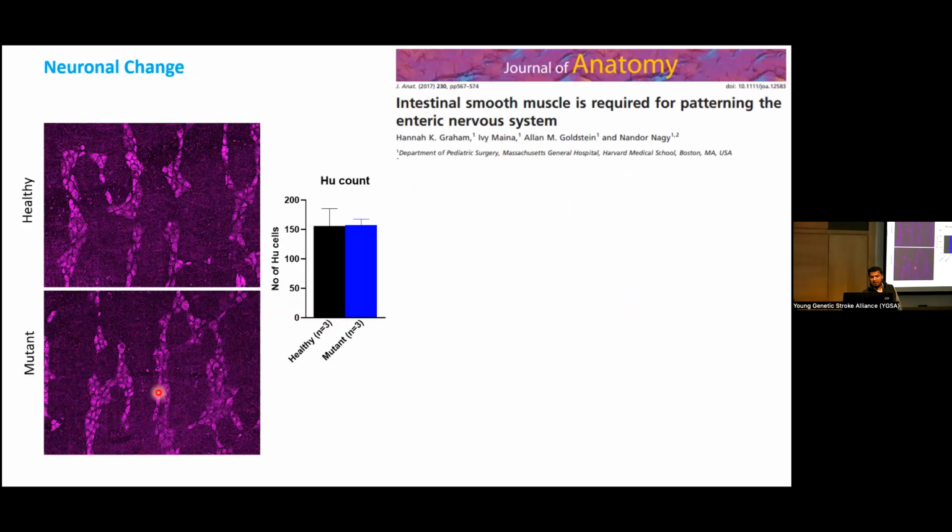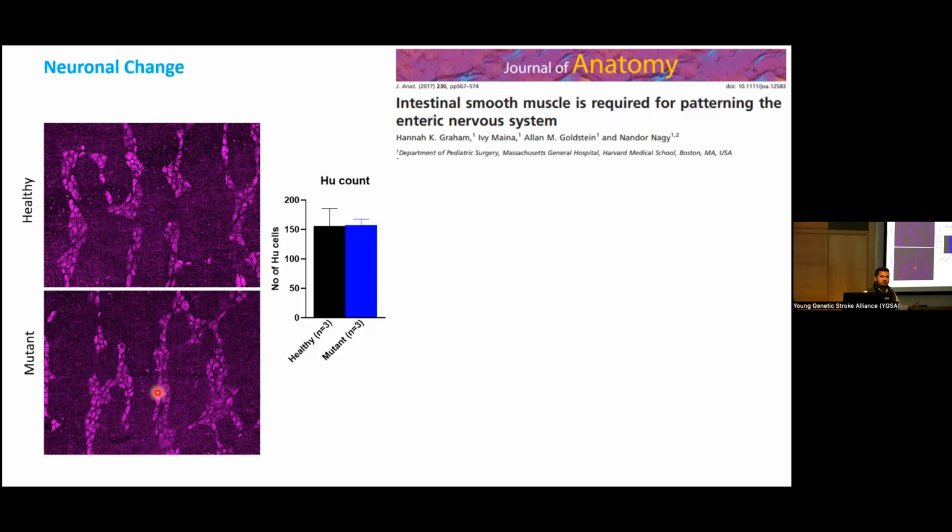Then we know from our lab, we published a paper a few years back, showing that you need the enteric neurons and the smooth muscles. They actually feed each other, they crosstalk. So you need both components to get a beautiful function. But from the developmental perspective, if you don't have the enteric neurons, we have seen the smooth muscle cells can still grow very well.